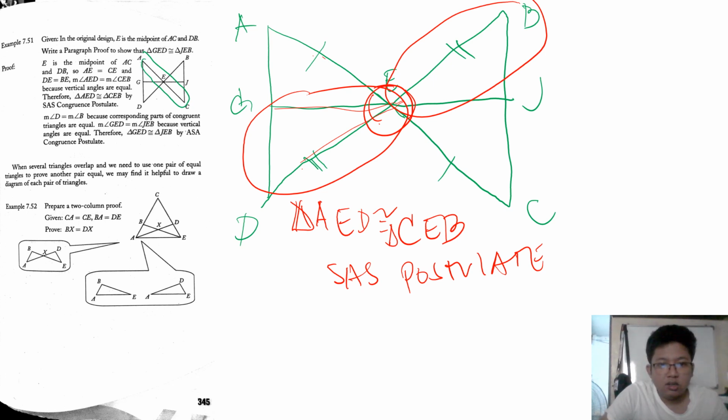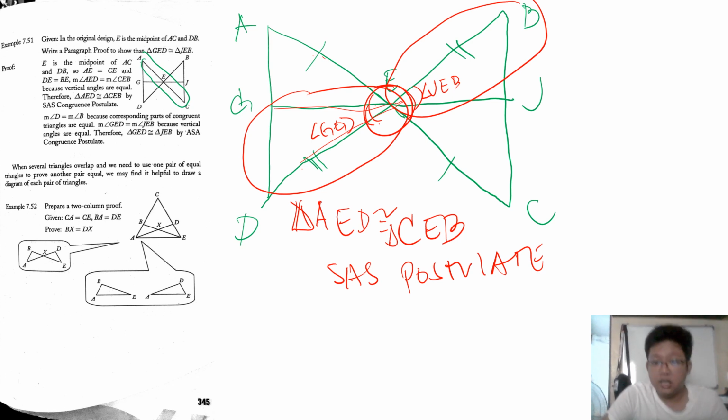We need to consider GEJ, although it's already stated here that these two are congruent. So angle GED and angle JEB are congruent, yes. Congruent din ito.